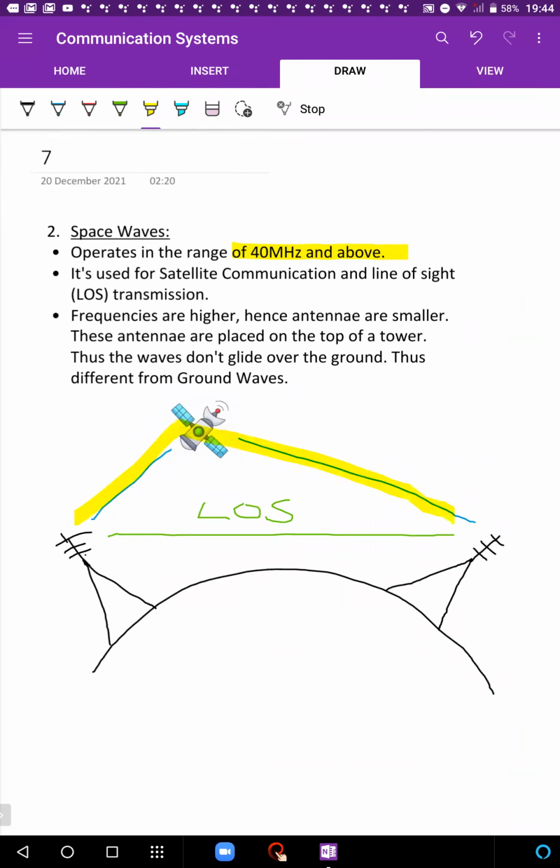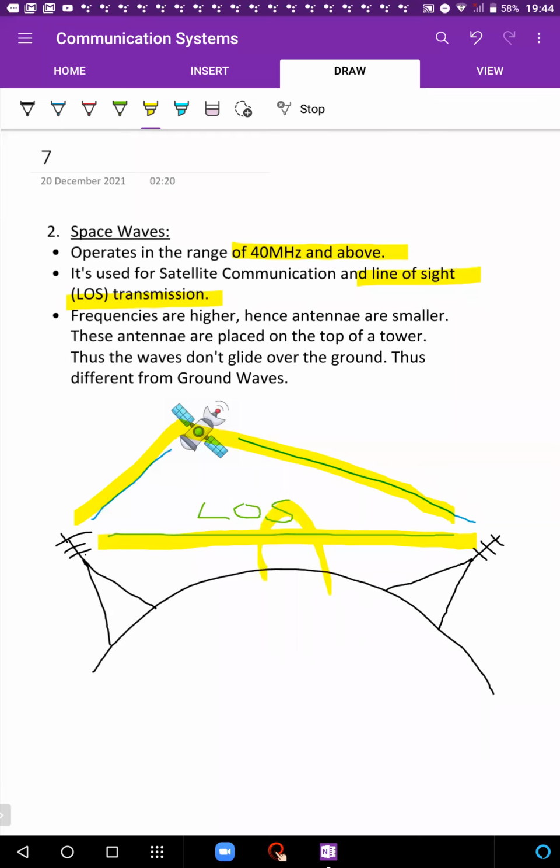That was in fact the fourth point: after mobile, communicating with the satellite. It's used for satellite communication, and is also used for line of sight transmission. Line of sight is basically that this tower can communicate with any other tower in its line of sight, as long as it is not interrupted by the Earth's curvature or a hill blocking it.